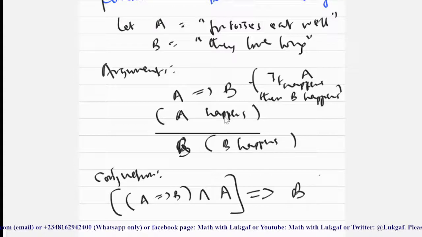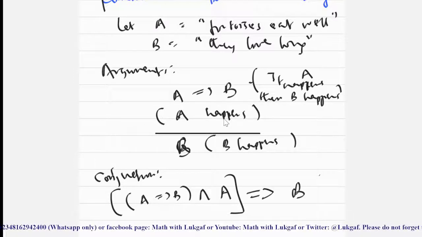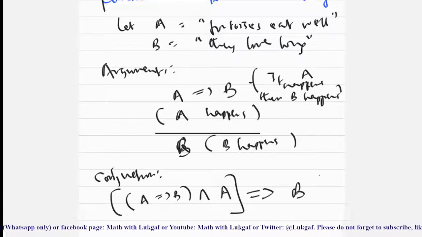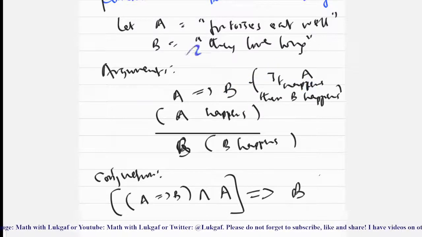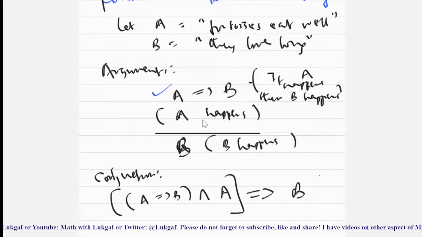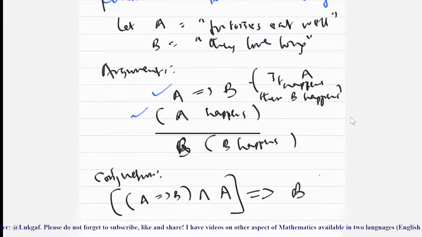So it implies B. Let me explain again. The first one is what? If A happens, then B. That's the first one. We can rewrite it logically like this, A implies B. Then the second premise is A happened. Then your conclusion, I said you just draw your line down and write it: B happens.